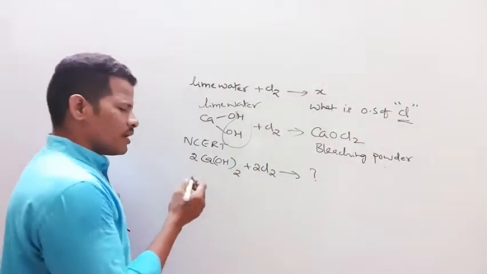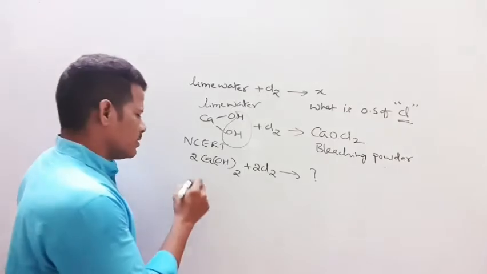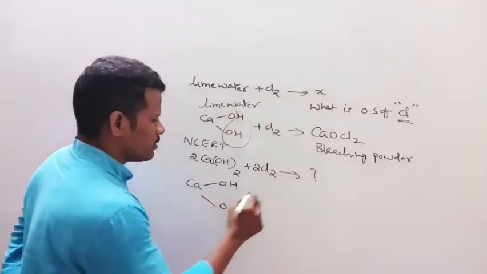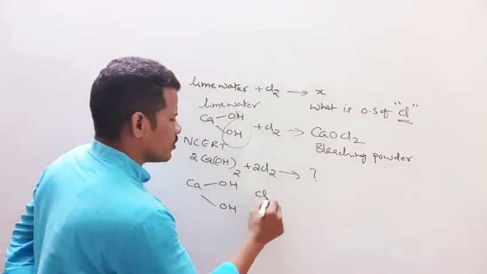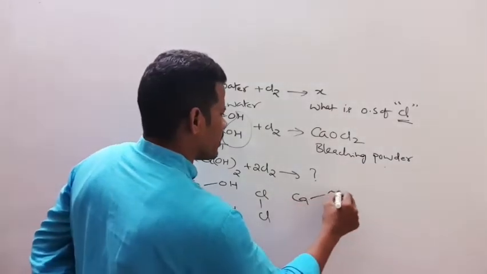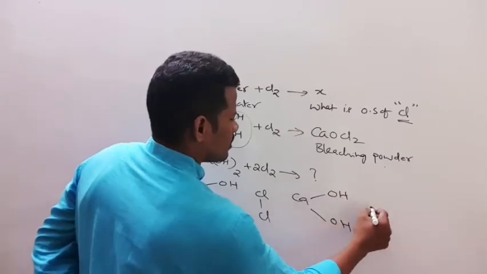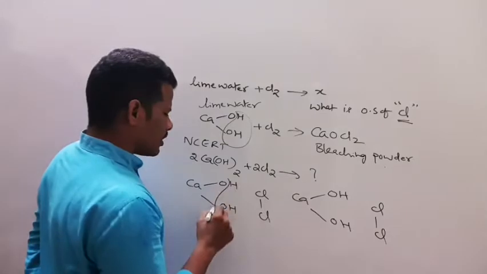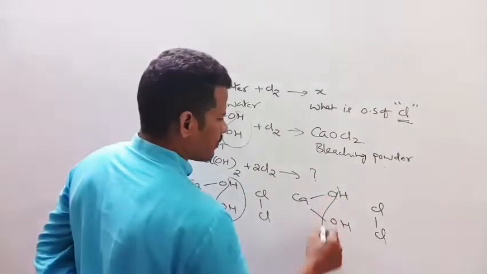Here you write conveniently like this: calcium hydroxide and chlorine, and again calcium hydroxide and chlorine. Now here the water molecule is removed, and here the water molecule is removed.